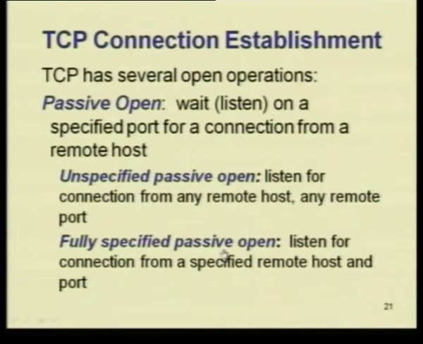On a fully specified passive open, it is listening for a connection to come from a specified remote host and port. This could be specified by the application saying that it wants to talk only to a particular client. In that case you would use a fully specified passive open. Otherwise, if you are open for any client to contact the server, then we may go in for an unspecified passive open.